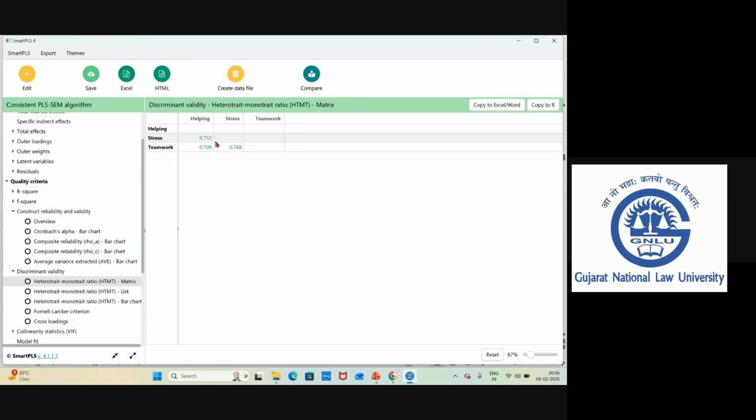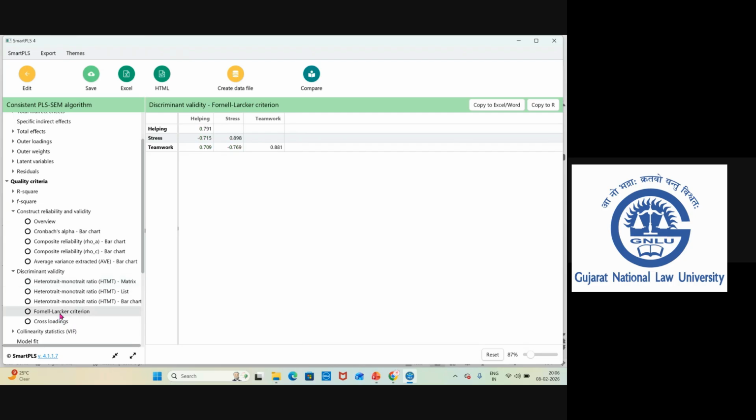So in this particular line, helping behavior HTMT values are greater than 0.85. When you're looking at the outcome of the HTMT value, you need to see whether this particular value is greater than 0.85 or at least 0.90. All the three constructs have values less than 0.85. It means all the three reflective models have achieved discriminant validity. Means they are not overlapping.